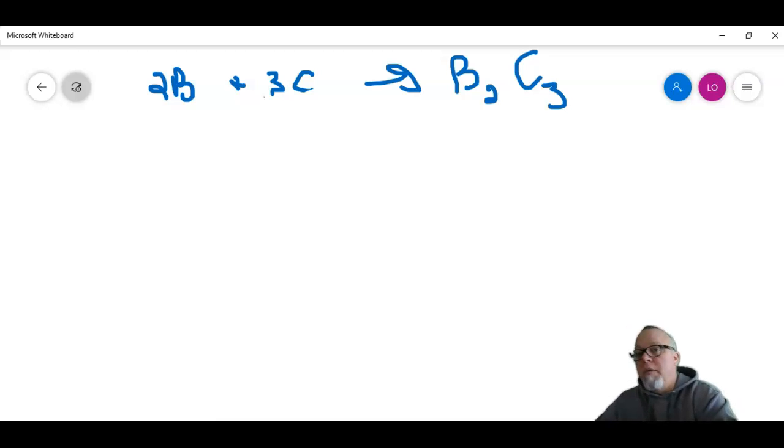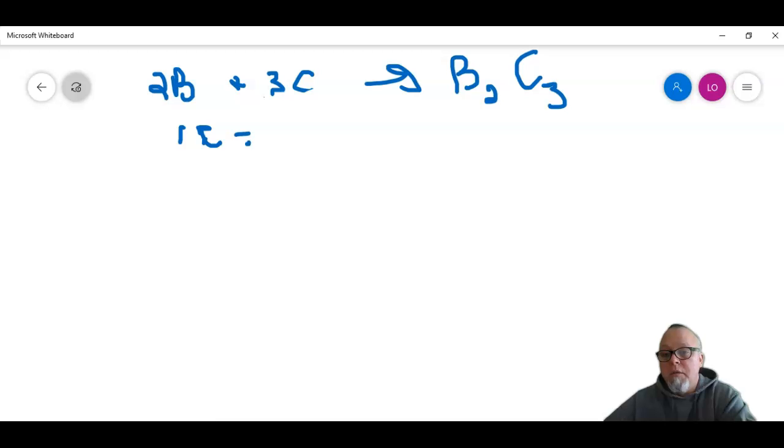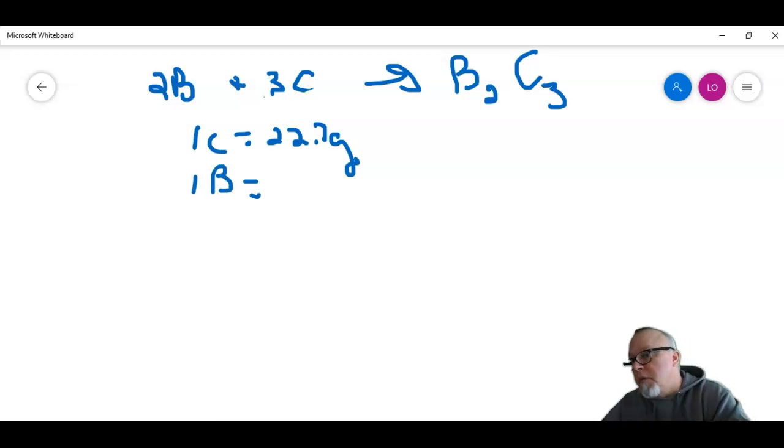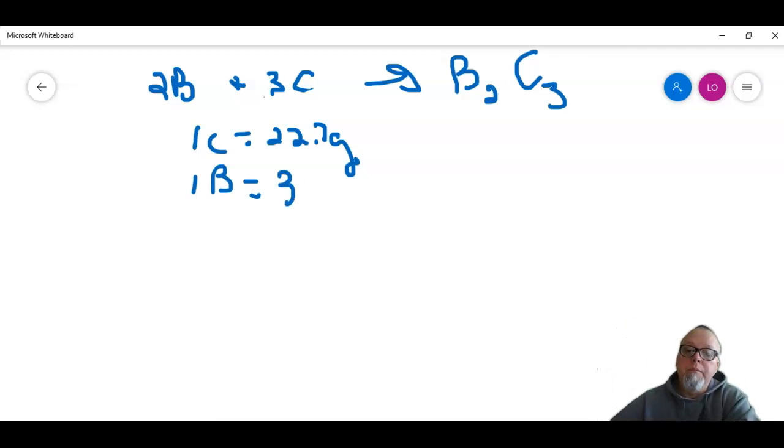Like last time, 1 cheese is equal to, let's say, 22.7 grams. And 1 bread is equal to 31.2 grams.